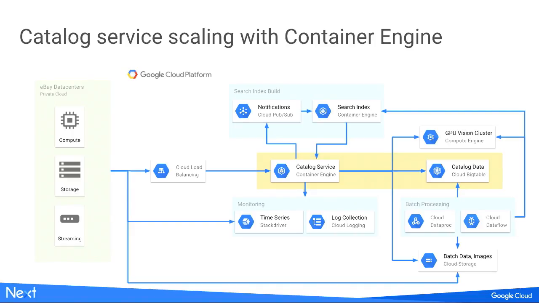This service, you can imagine, runs on a pretty large number of instances because it gets a lot of read and write hits from all over. Container Engine really helps us with managing deployments and scaling of the catalog service.